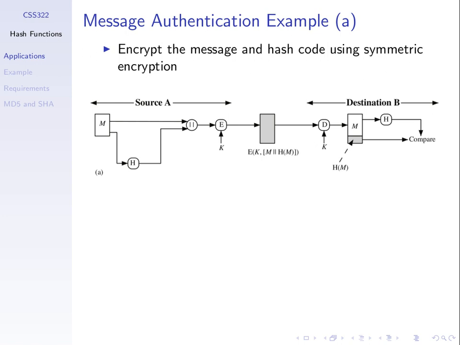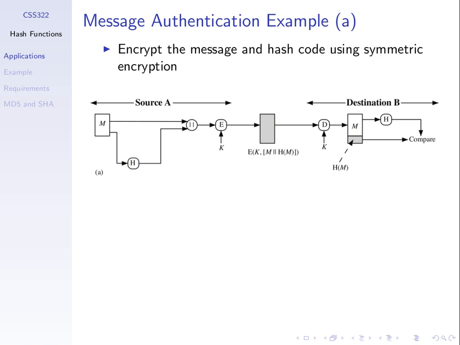When they decrypt, they have the two values, the message and the hash value. So shown here, the white box, M, is the message. The grey box is the hash value of that message. And then they do the check by taking the hash of the received message and comparing that with the hash value received. That's the process.